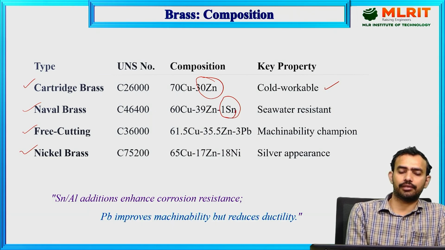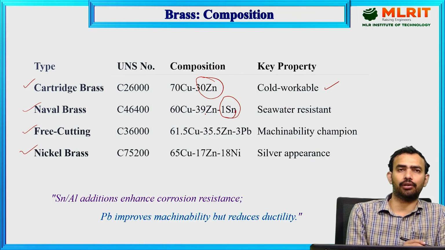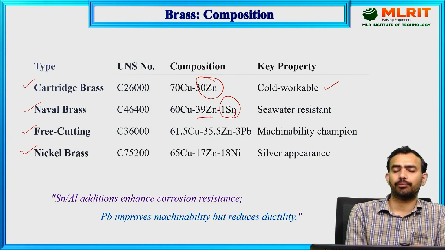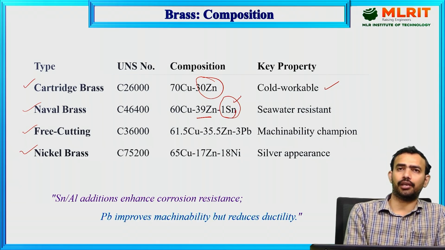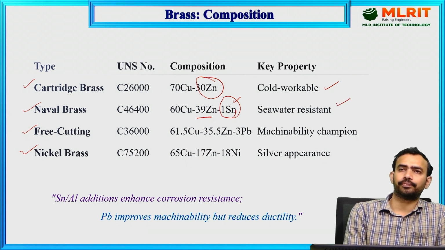Naval brass is a dual phase brass, with more than 37% zinc along with 1% tin, which makes it seawater resistant. It is corrosion resistant, particularly to seawater and salty water.